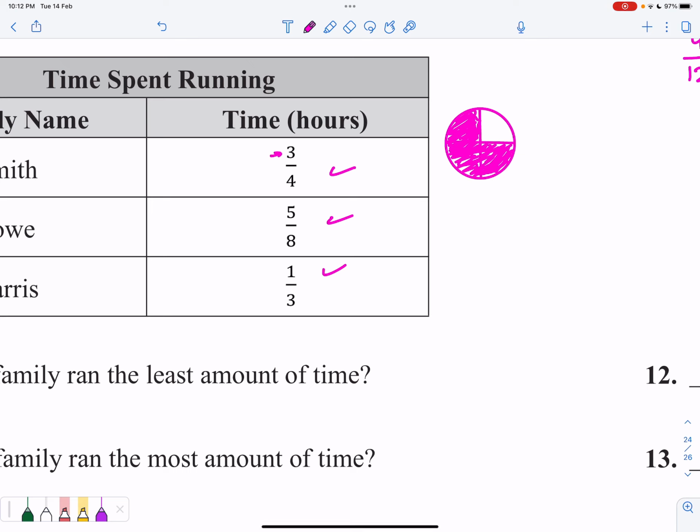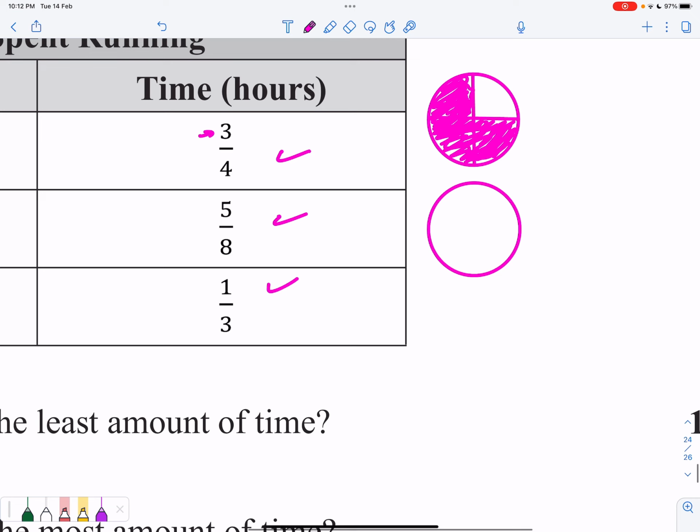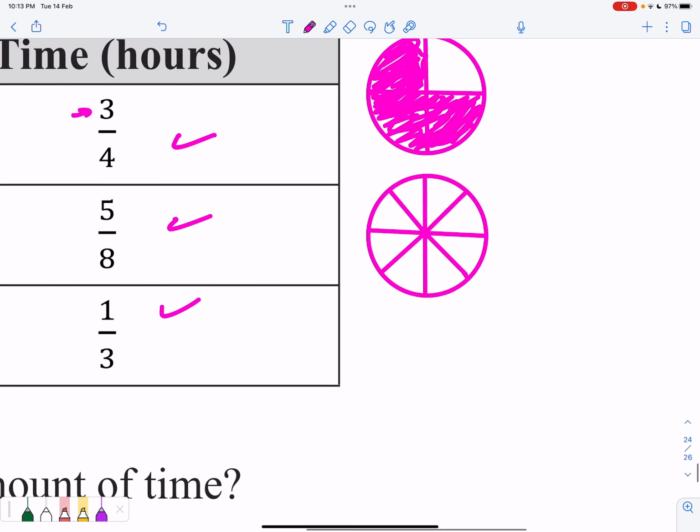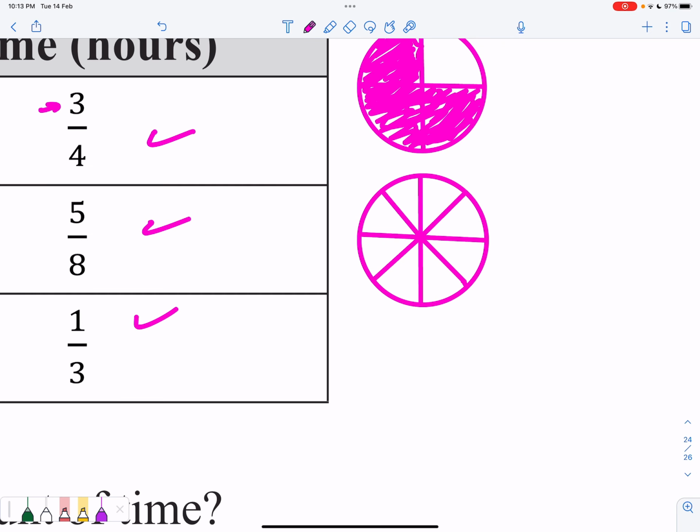You can start with 4 parts as a beginning. These are 4 parts, right? Now you can go to each one of these parts and cut it in half like that. Finally, like that. So 5 parts, let's color 5 parts of these 8.